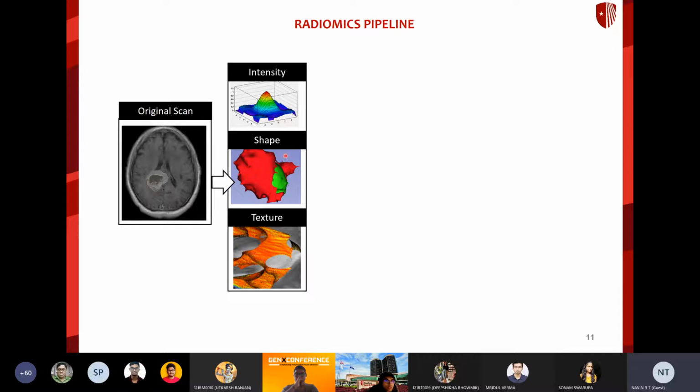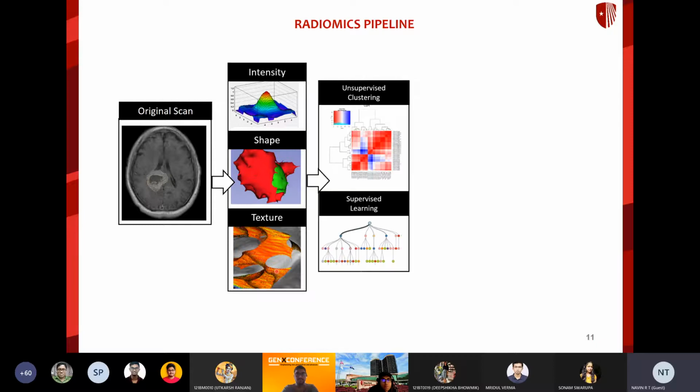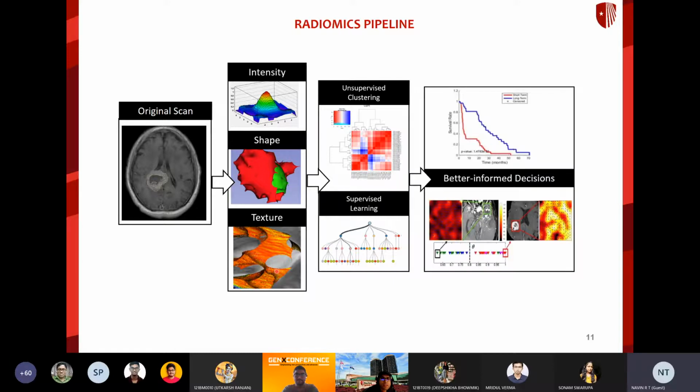So we can extract features such as shapes of the different constructs here. We can extract features like texture. And these can be used in conjunction with different machine learning techniques, be it unsupervised machine learning techniques such as clustering or supervised learning techniques, including different kinds of classifiers. And this can be used for generating better informed decisions.